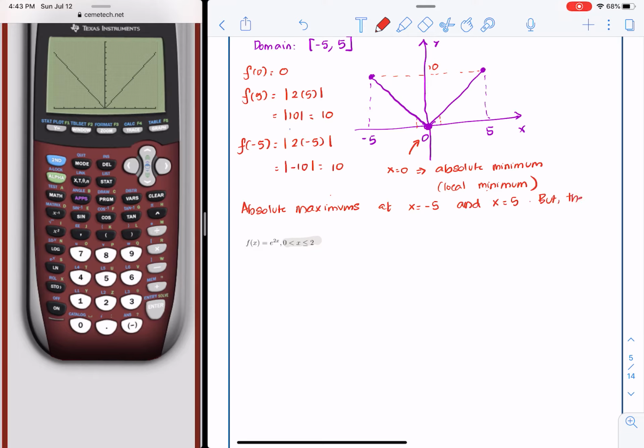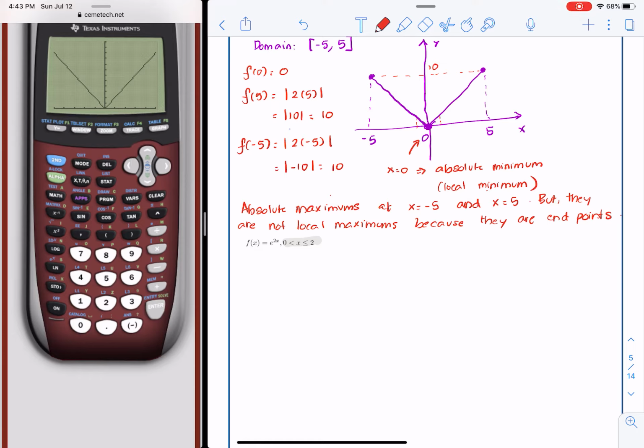No. And why is that? Because they are at endpoints.